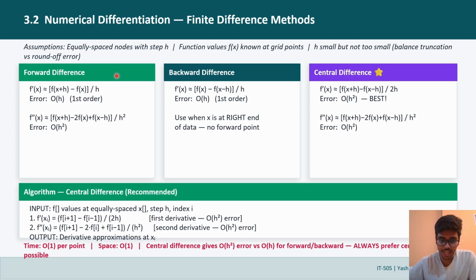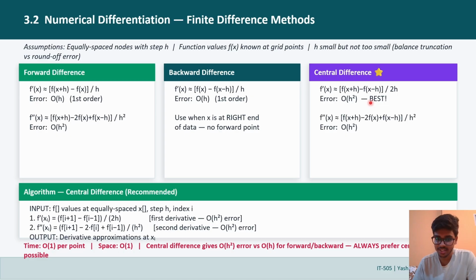The forward difference: f prime of x is approximately f of x plus h minus f of x, divided by h. This has error of order h. The backward difference: f prime of x is approximately f of x minus f of x minus h, divided by h. Also error of order h.